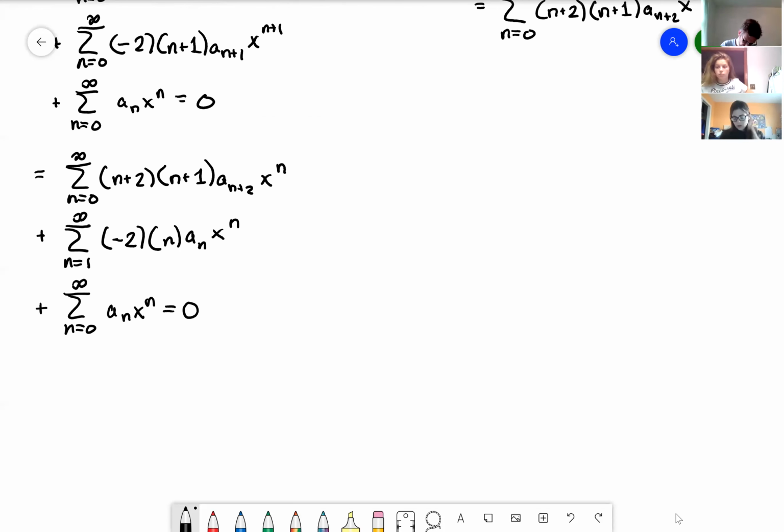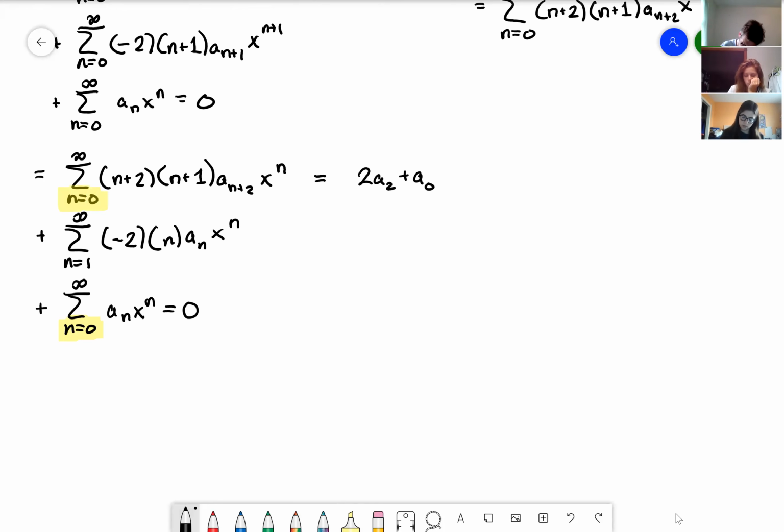So if I pull out the 0 term for the first and the third series here, what I get is, let's see, plug in 0, I get 2 times 1, a_2, 2a_2, x to the 0. And then in the last one, I get a_0 x to the 0. So that's pulling out the 0th term from this one and this one.